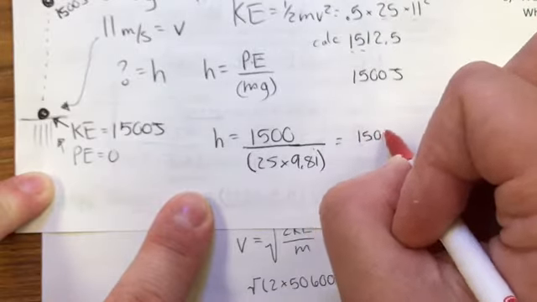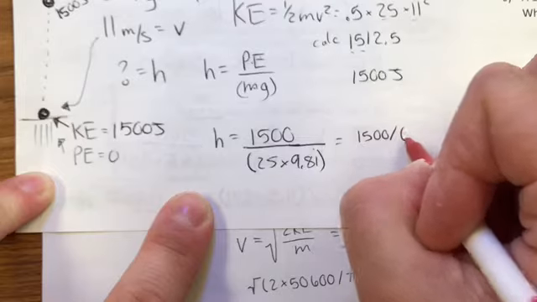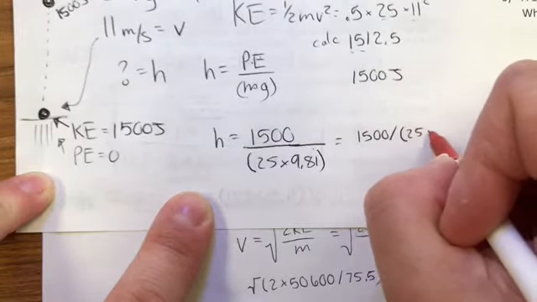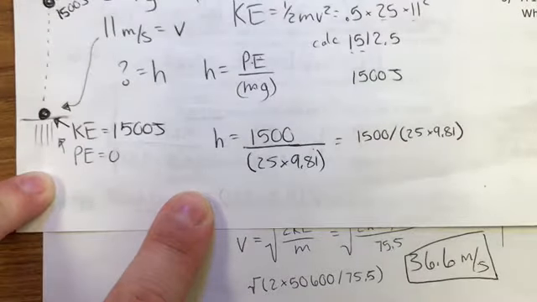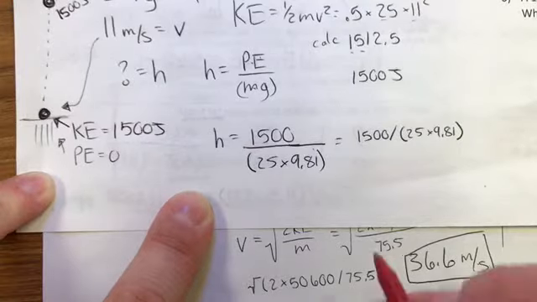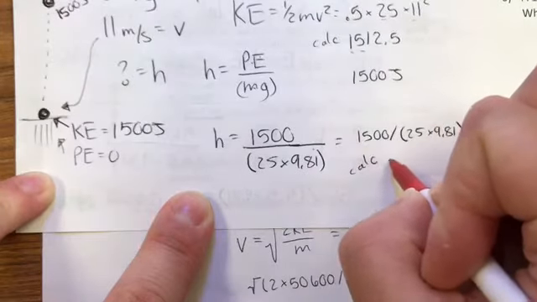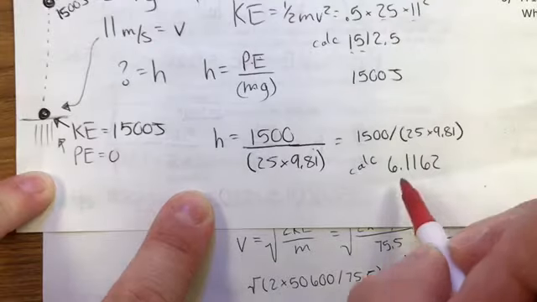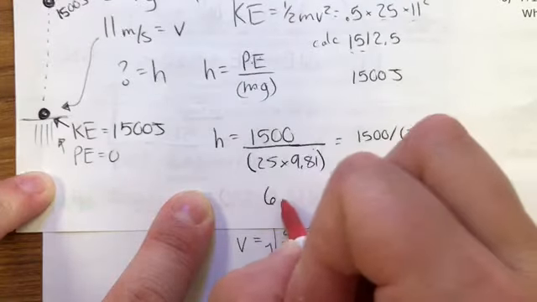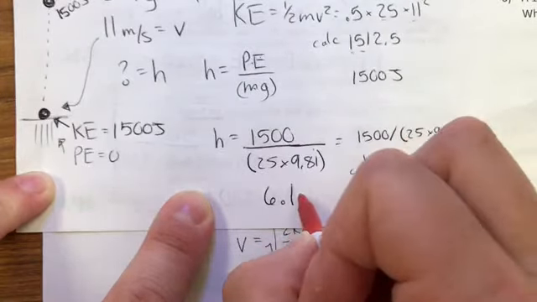The calculator is going to look like this: divide, parentheses, .25 times 9.81, close parentheses. Calculator says 6.116, significant figures just 2, 6.1 meters height.